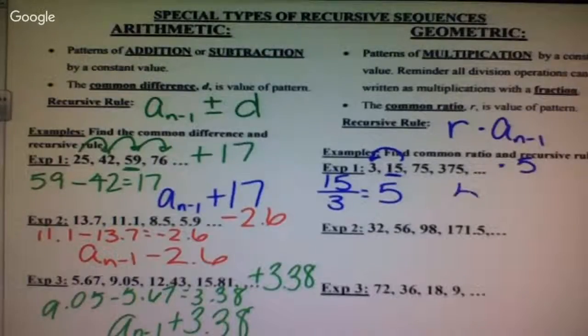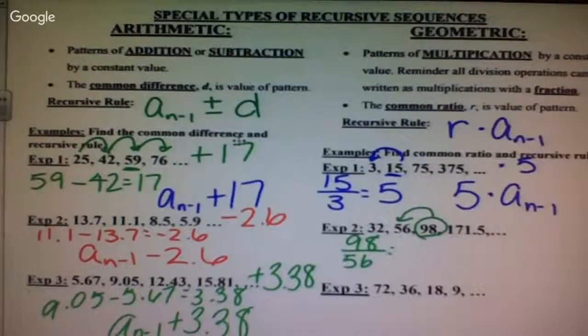So this would be 5 times A sub n minus 1. This next one, this is not easy to find. So you can use any number you want. I'm going to go to 98. What's 98 divided by 56? 1.75. So that means every time I multiplied by 1.75. So 1.75 times A sub n minus 1.